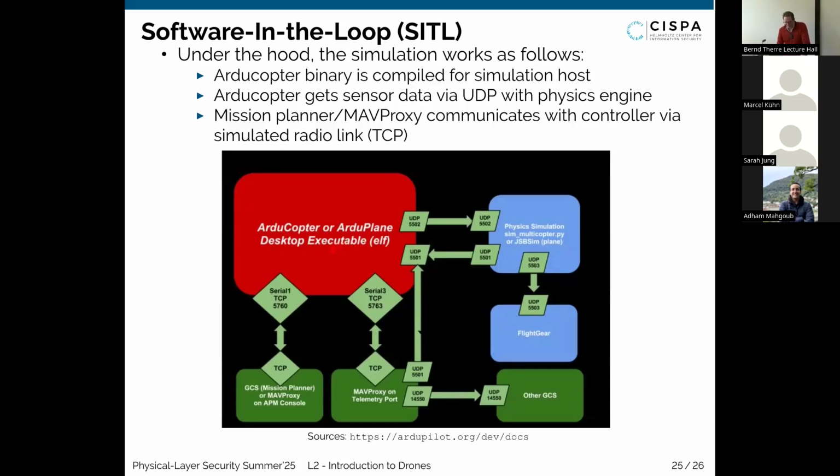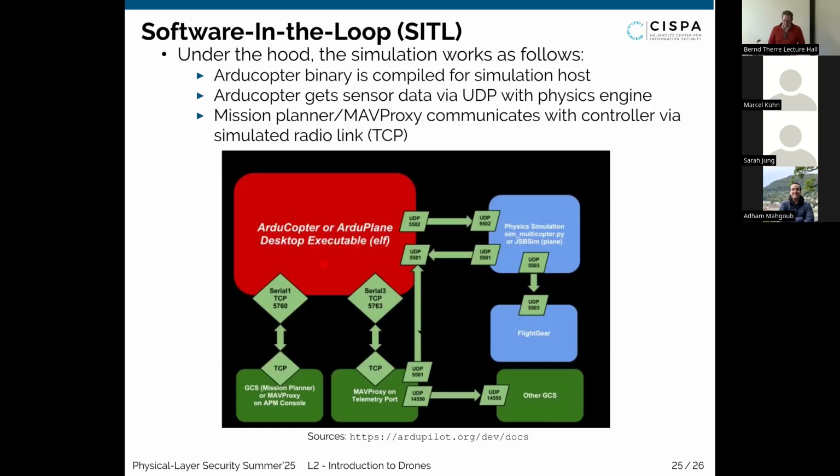You have technically the autocopter controller binary that you compiled for your host architecture that is natively executed as an ELF. That is then communicating with the simulation test bench, if you want to call it like this, where you communicate with this binary that is otherwise quite similar to the binary that would run on the drone.